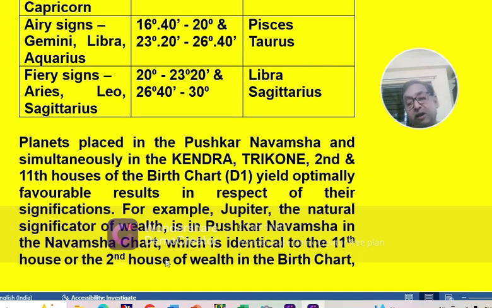What are those significations? Those are natural significations and placement significations. Got my point? For example, Jupiter, the natural significator of wealth, is in Pushkar Navamsha in the Navamsha chart, which is identical to the 11th house or the 2nd house of wealth in the birth chart.